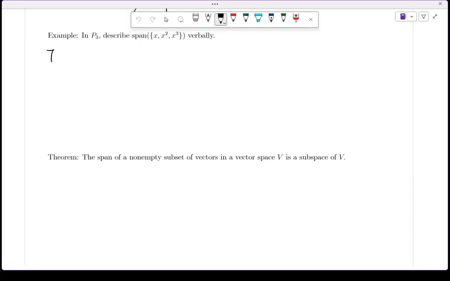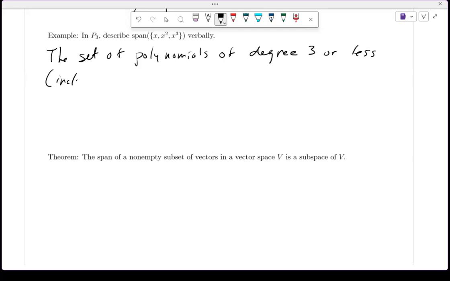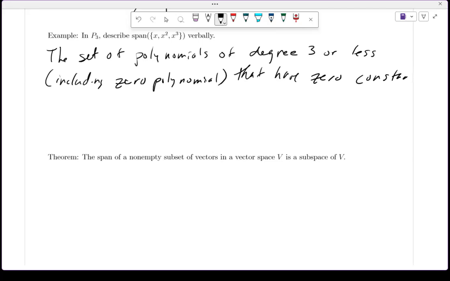So this is the set of polynomials of degree 3 or less, also including the 0 polynomial. That parenthetical has to be in there because the 0 polynomial has no degree. That have no constant term. Have 0 constant term because it technically has a constant term. The constant term is 0.